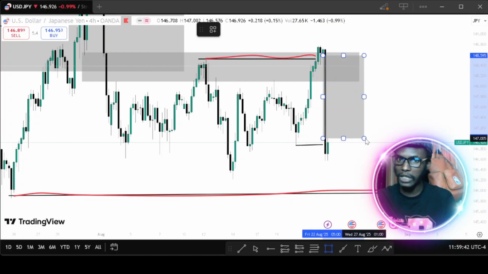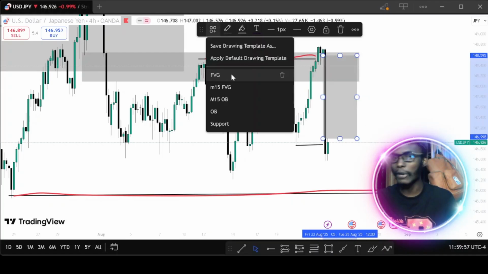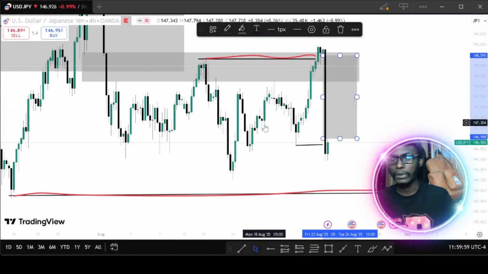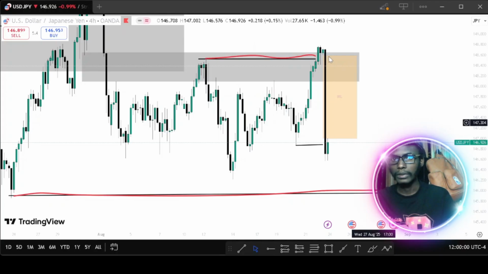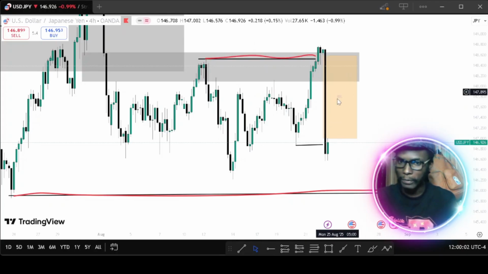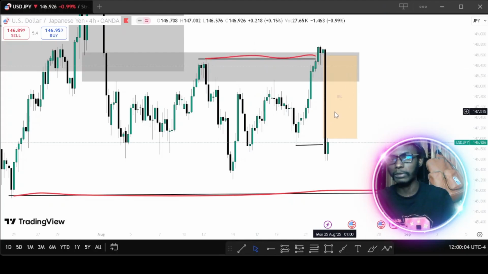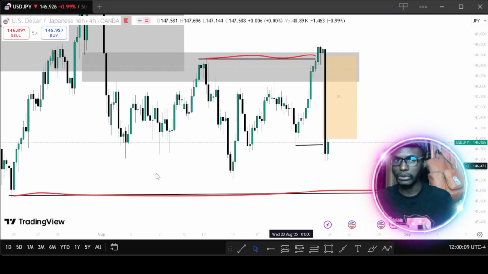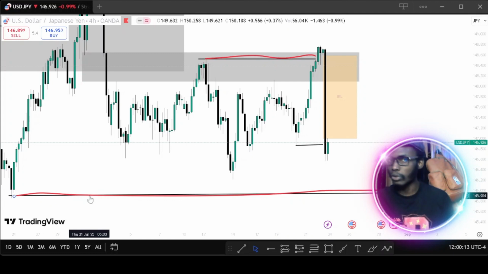This 4 hours massive fair value gap, you can actually see that as our internal range. So from this fair value gap, we continue our bearish movement down, seeking this external range from the daily swing low. We keep on seeking it.